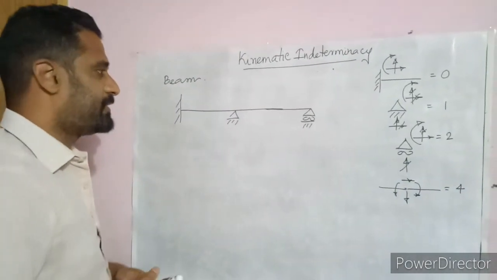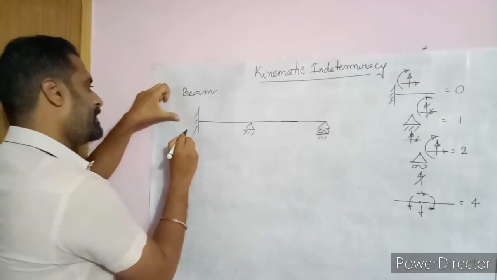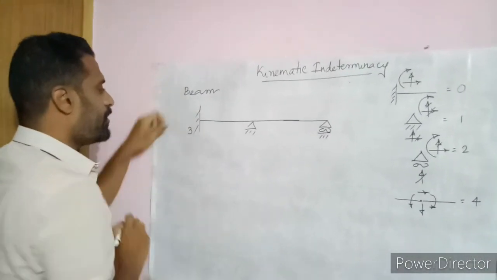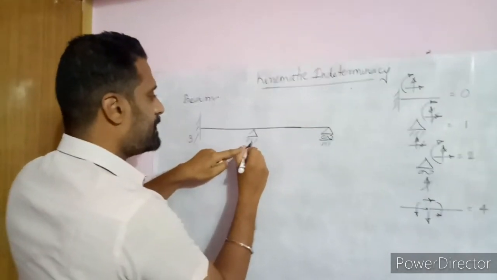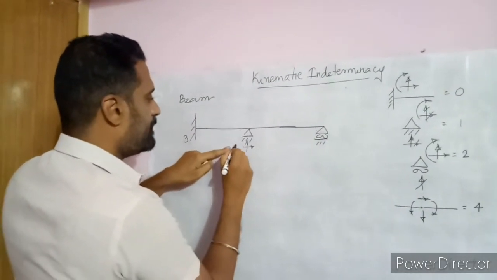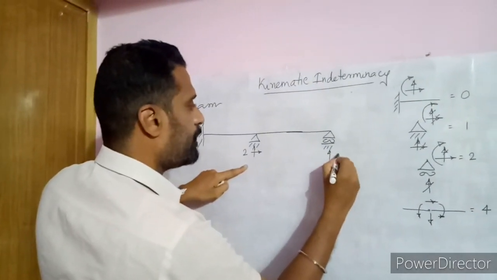For calculations, we know that for a fixed beam there are three reactions, or three resistances. For a simply supported beam it is horizontal and vertical, which means 2, and for a roller it is 1.